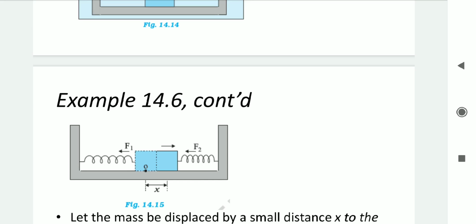Another force F2 is developed by the other spring due to compression, and it pushes the block towards the mean position, in the opposite direction of displacement. So F2 is again minus kx, because F1 and F2 are both generated in the opposite direction of displacement, so both are negative.